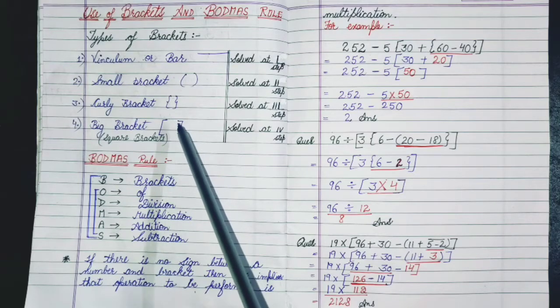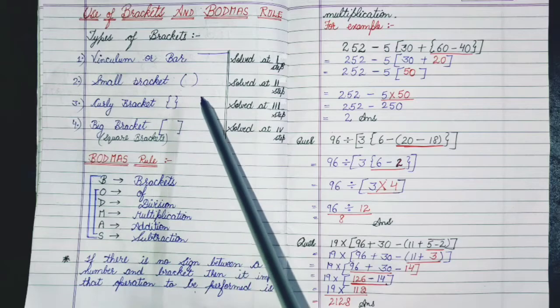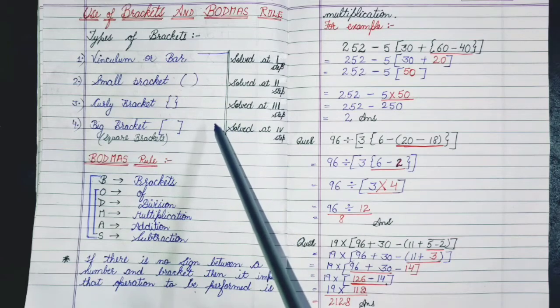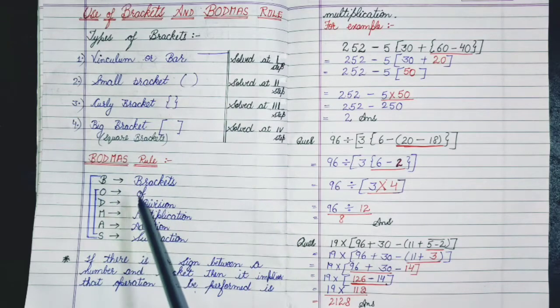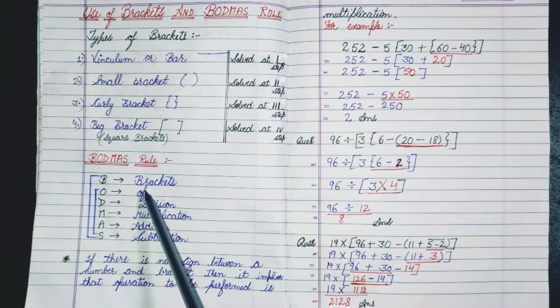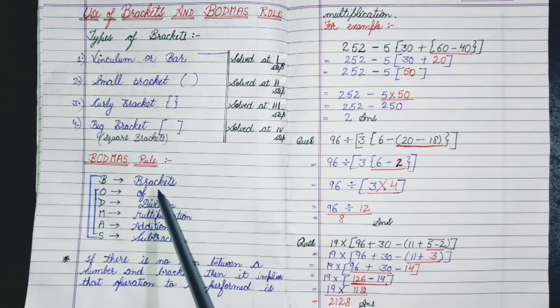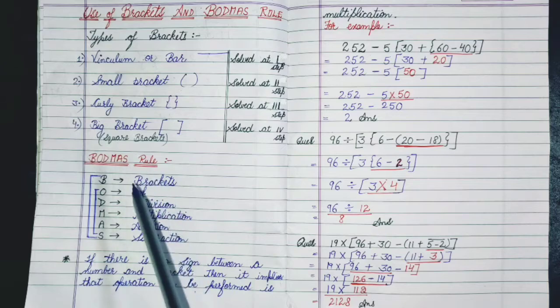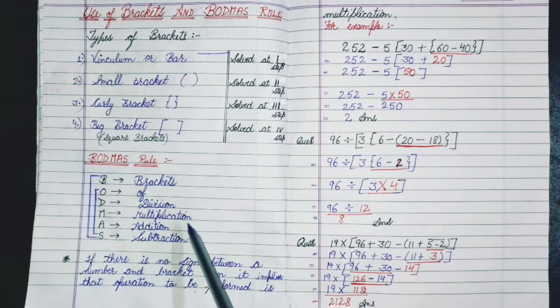Clear everyone? So class, till now we have studied BODMAS. But today I am going to tell you that before the operation of OF, we used to solve the brackets. What do we solve first, class? Brackets. Then we will solve OF, and at last we will solve the four basic operations.